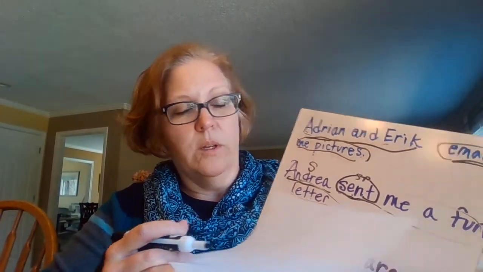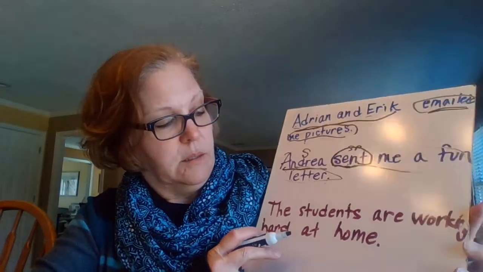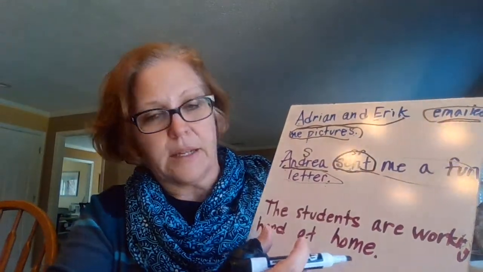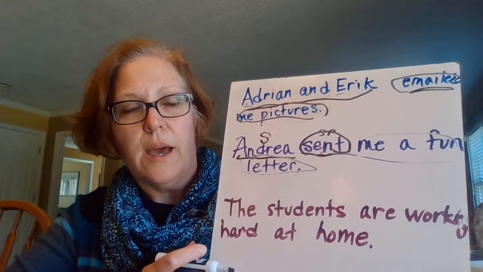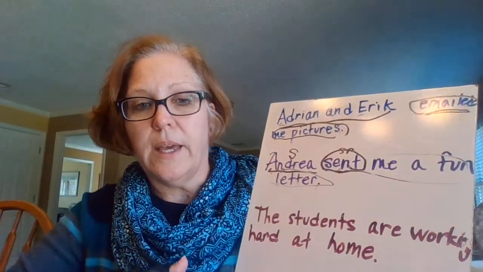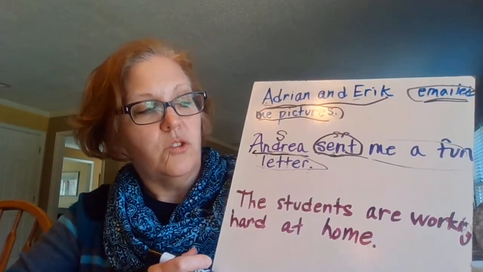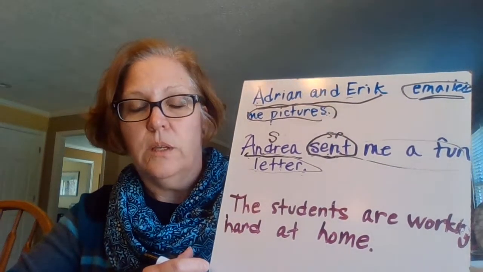All right, I have one more sentence. The next sentence is, the students are working hard at home. So again, ask yourself the question, who or what is doing something in the sentence? What are they doing?